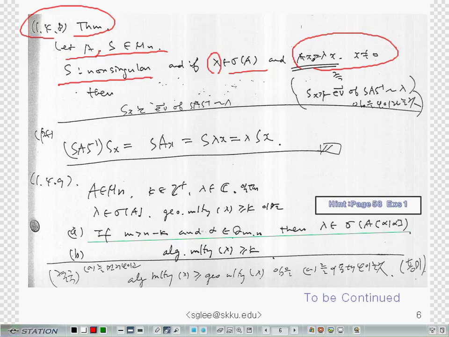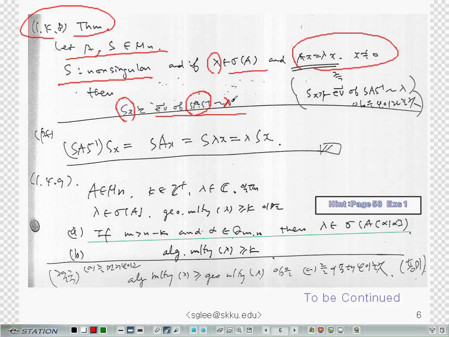Then we can show Sx is an eigenvector of SAS inverse corresponding to the same eigenvalue, lambda.